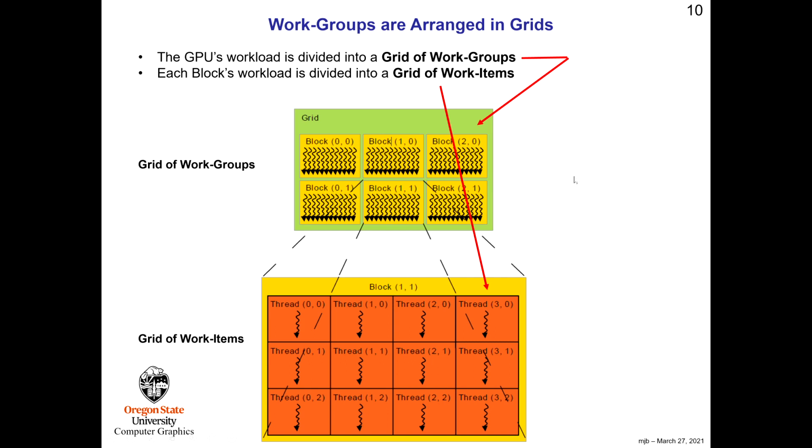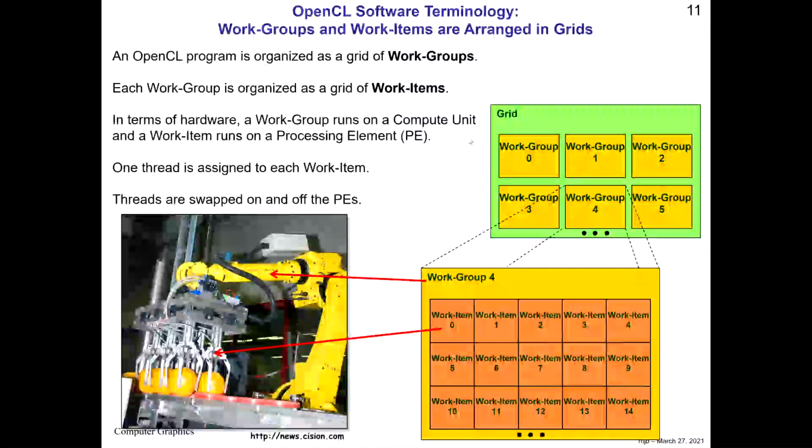Work groups are arranged in these grids. So this is sort of the software view of the hardware situation. Yes, we're going to continue to beat the yellow robot metaphor to death. The grippers are these software work items. The robot itself is the software work group.